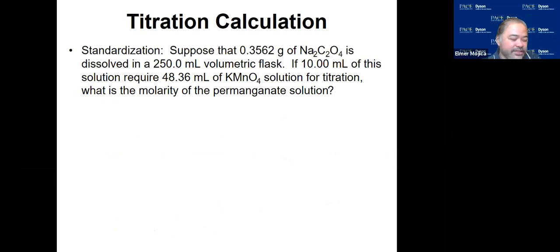So the standardization that we have: suppose that 0.3562 grams of sodium oxalate is dissolved in a 250 ml volumetric flask. If 10 ml of this solution requires 48.36 ml of KMnO4 solution for titration, what is the molarity of the permanganate solution? So what's the first step that we're going to do in this reaction?